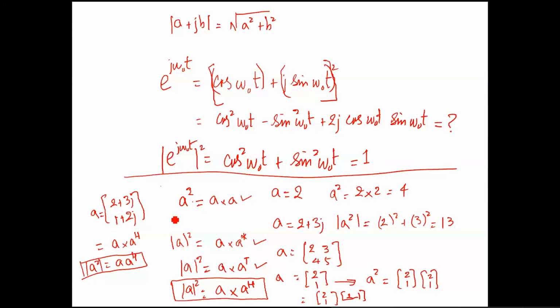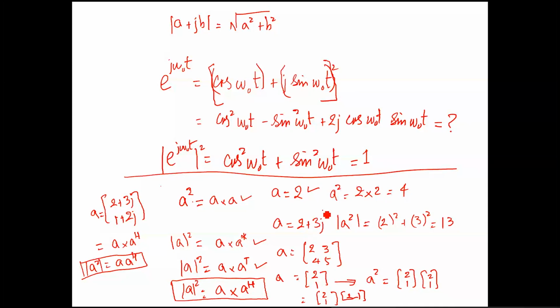Hermitian means conjugate and transpose. The conjugate of 2 is still 2. Transpose, because it is a single quantity, not a vector, is again 2. So it is valid for this. If A is this complex number, A Hermitian would be the conjugated part, which will be 2 minus 3j, and then transpose, it is a single quantity, so it remains the same.